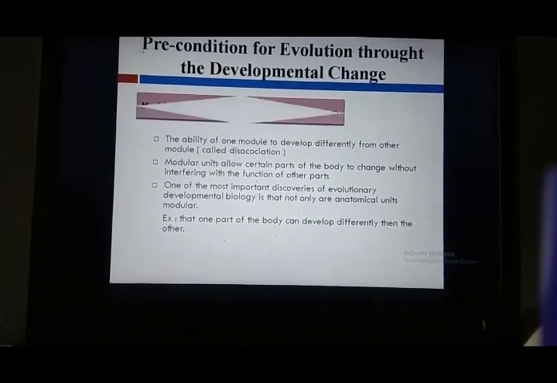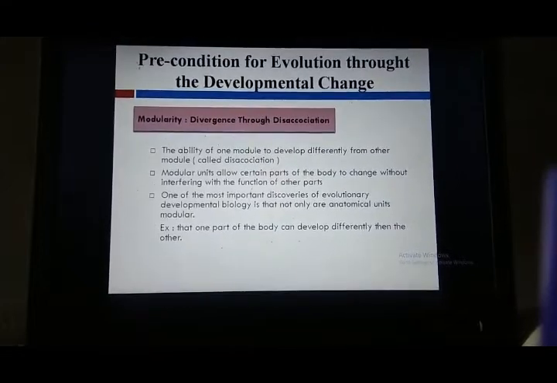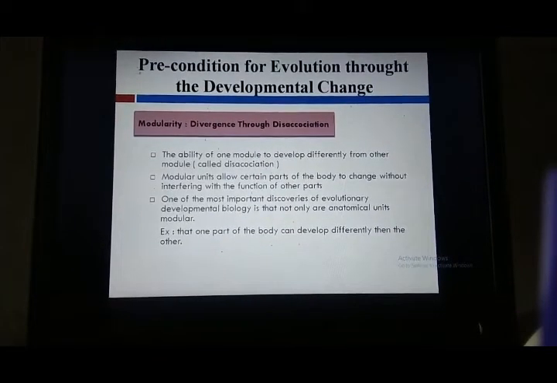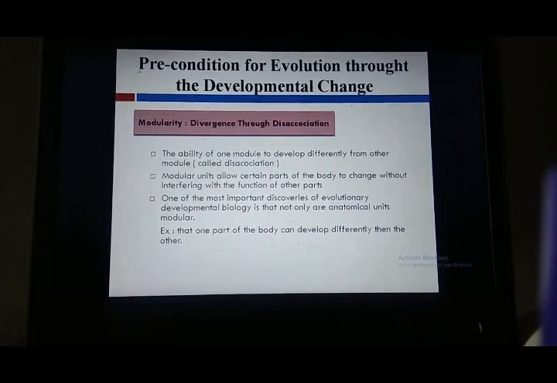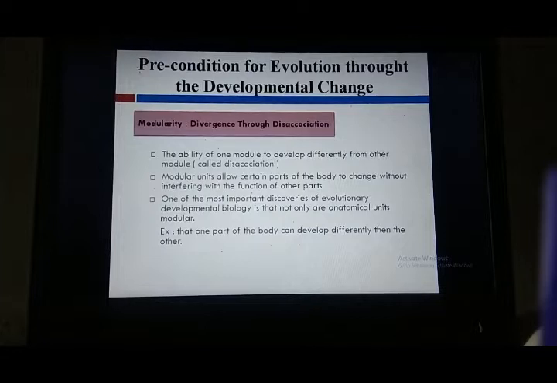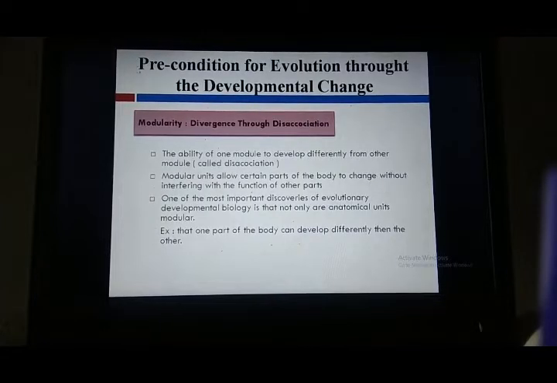The first, I will tell you about modularity. This is divergence through dissociation. The ability of one module to develop differently from other modules is called dissociation, where the modular unit allows certain parts of the body to change without interfering with the function of other parts.